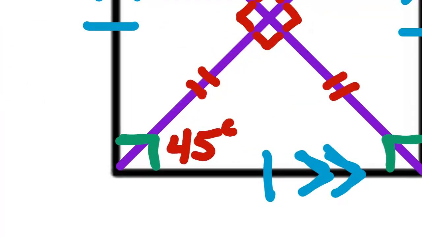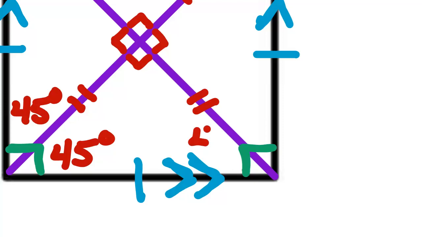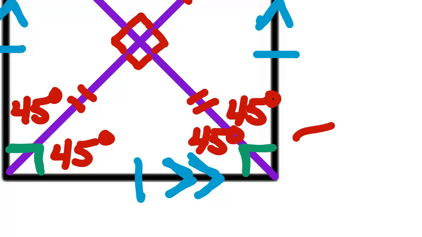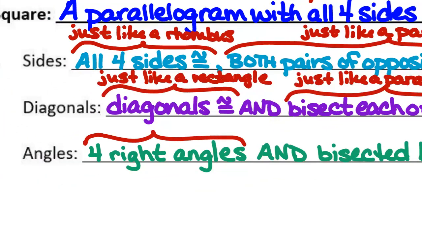And each half angle in the corners is 45 degrees, because that is half of 90. So 4 right angles, just like a rectangle.